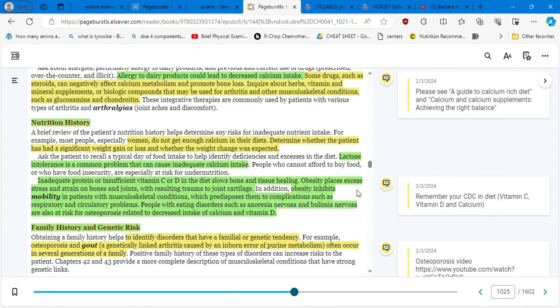Obesity places excess stress and strain on bones and joints, with resulting trauma to joint cartilage. Obesity inhibits mobility in patients with musculoskeletal conditions, which predisposes them to complications such as respiratory and circulatory problems.